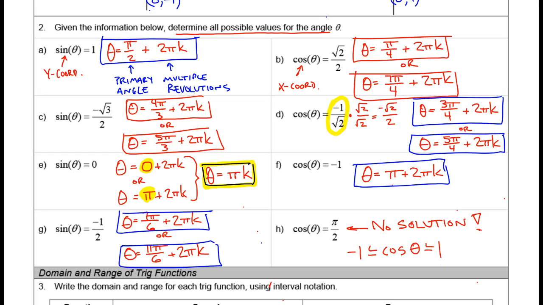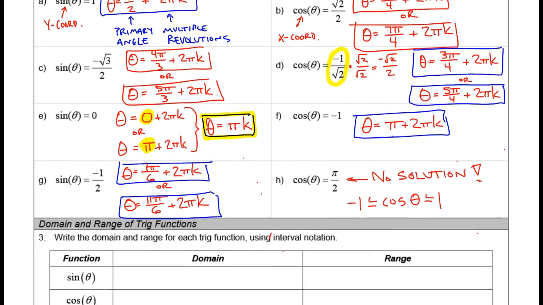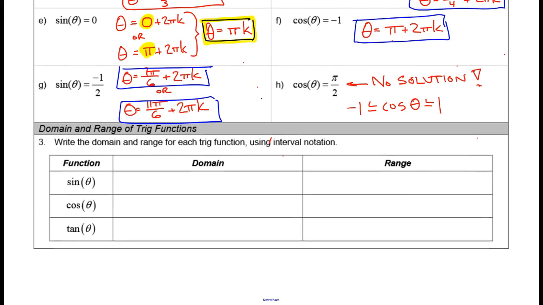Which leads us into our discussion about the domain and range of trig functions, which we're going to slide down and talk about here in number 3. Okay, so the domain of sine and cosine, all real numbers. You've seen the graph of the sine function before and the cosine function, and they are continuous on the real number line. So you can input any value you want, any real number value, into the sine and cosine functions, and you're going to get an output.